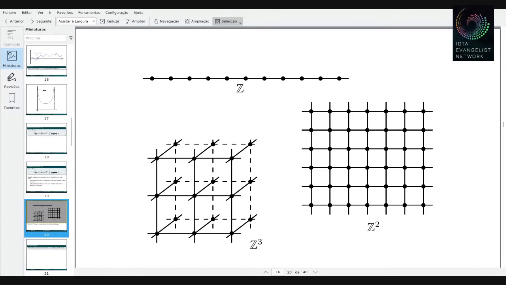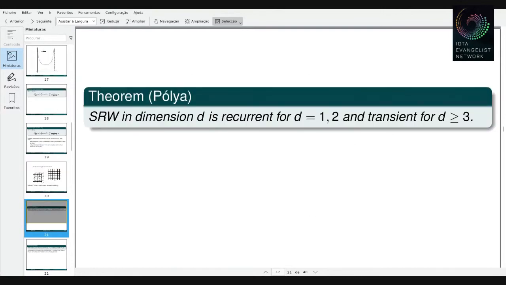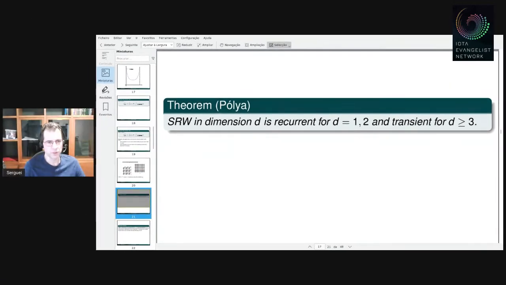The answer to this question was given by the Hungarian mathematician Polya in the beginning of the 20th century, and it asserts that simple random walk in dimension d is recurrent for d equals 1 and 2, and it is transient for higher dimensions.